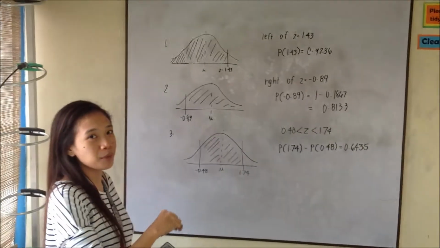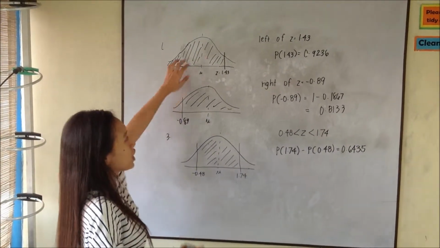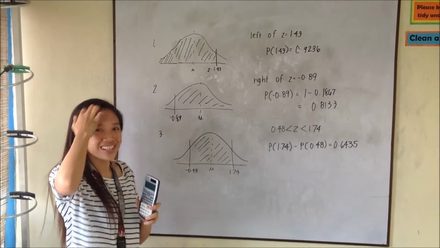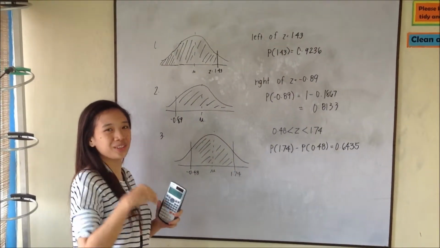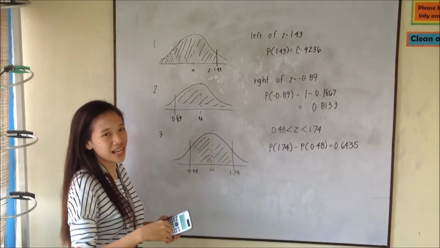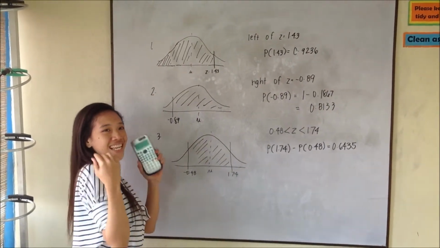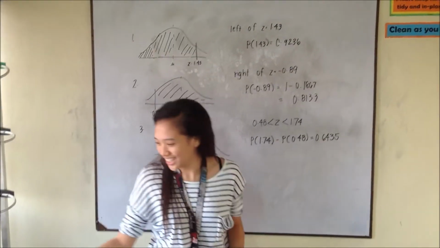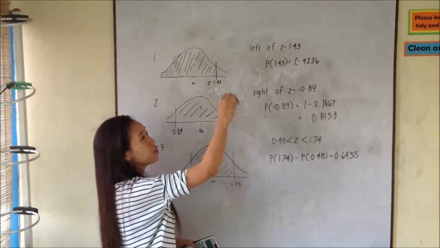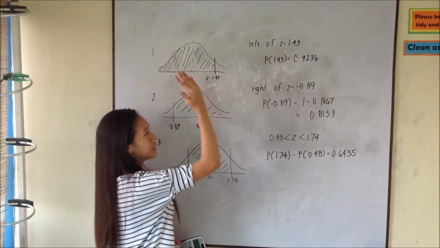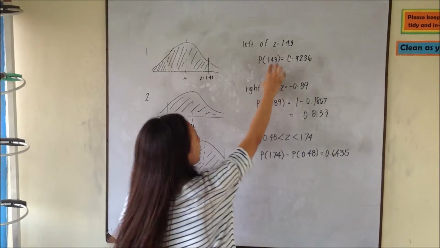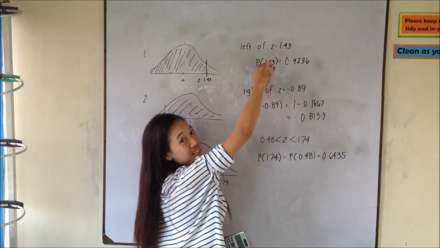For the first example, we are asked to find the area to the left of z equals 1.43. I will now use Filipino so you can understand more easily and clearly. So, ayan, may table tayo, di ba? Sa table, yung vertical, yung given sa vertical, yung ones digit, tsaka yung tenths place sa decimal.